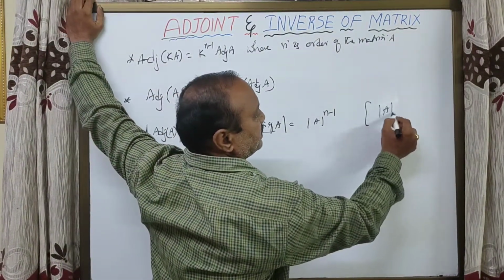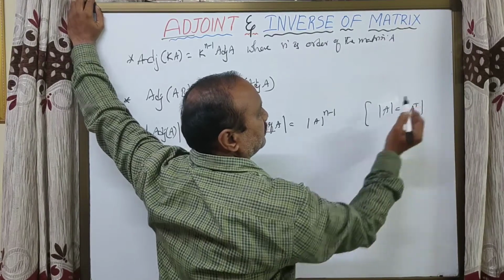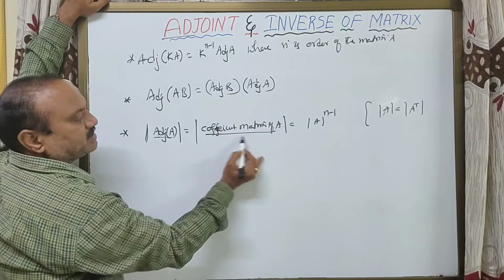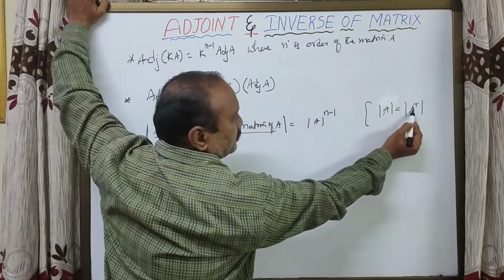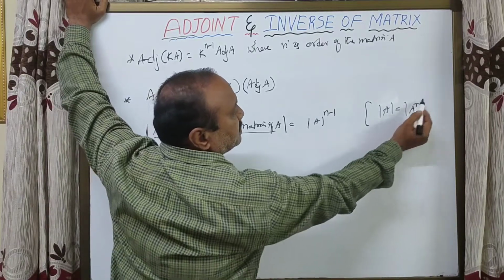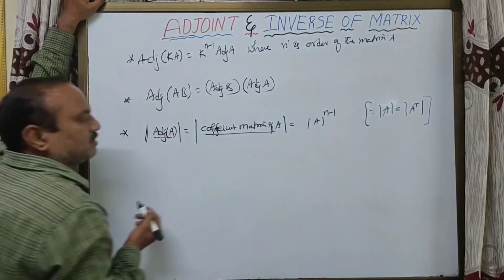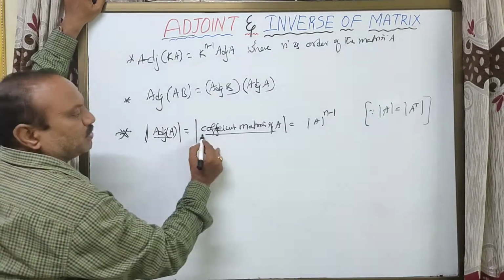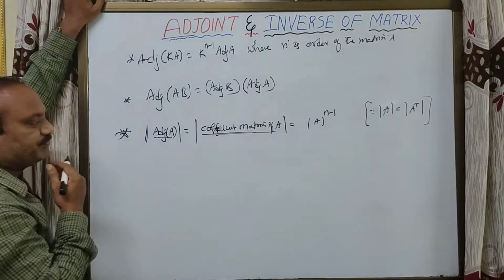Students, det A is equal to det A transpose. Adjoint means transpose of the coefficient matrix. Transpose of the coefficient matrix, determinant of the coefficient matrix, both determinants are equal. So it is very, very important.